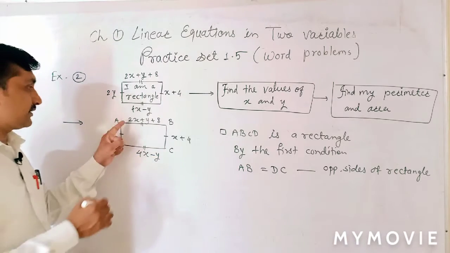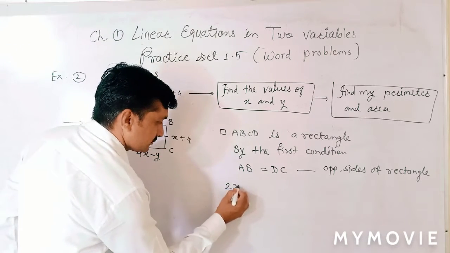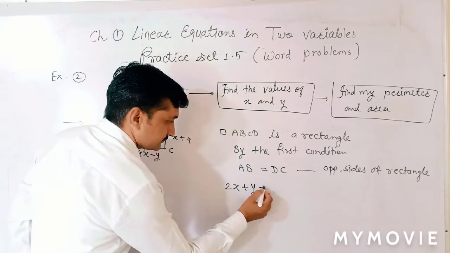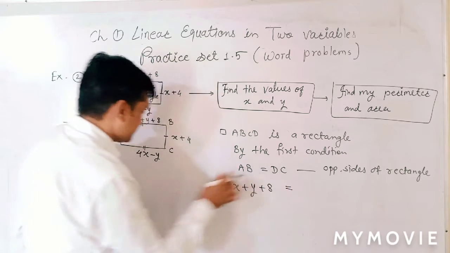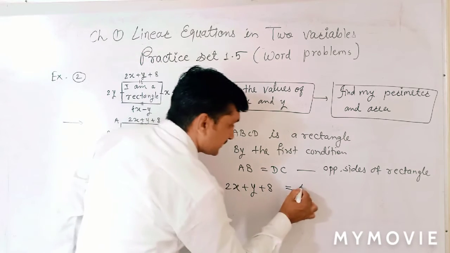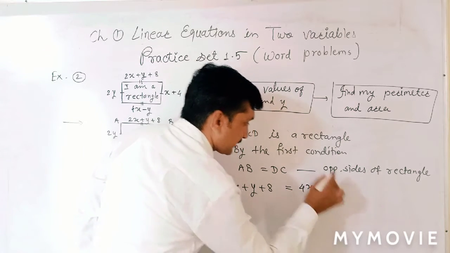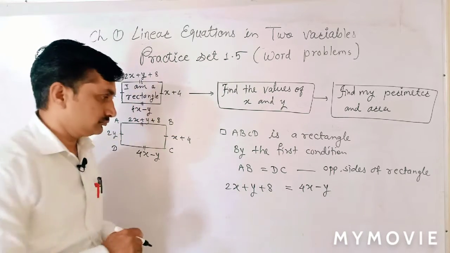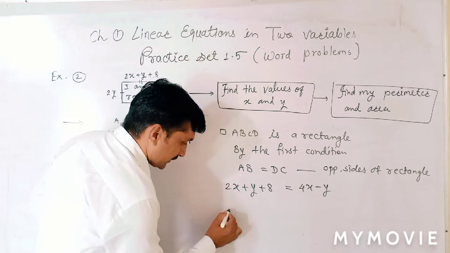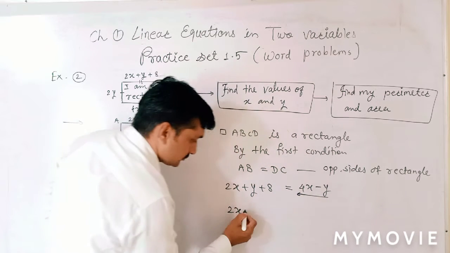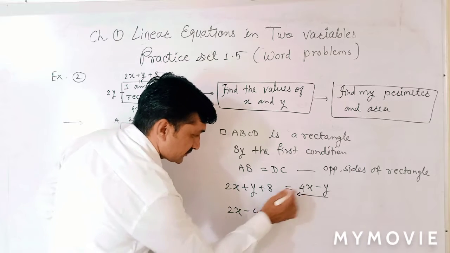Now put their lengths. AB, 2x plus y plus 8, is equal to DC. What is the length of DC? It is also given, 4x minus y. Now convert that into standard form. 2x, bring these two terms here, minus 4x, the sign will change.